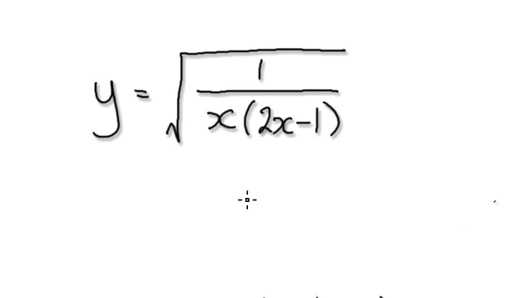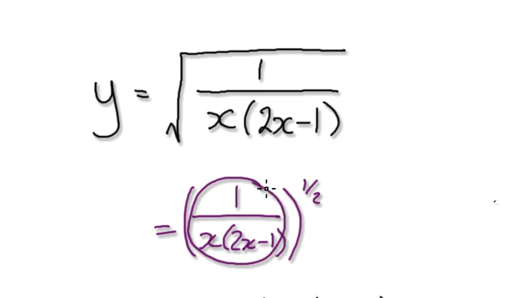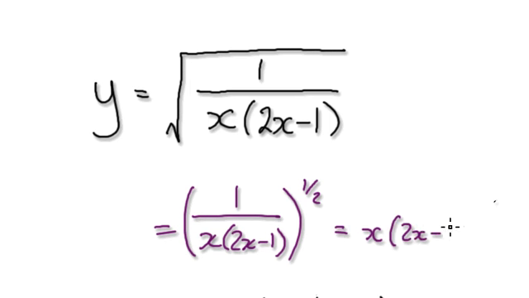So you could visualize it as 1 over x(2x minus 1), all to the power of a half. And then within here you could visualize it as x(2x minus 1), all to the power of minus 1, and then you've got that square root, so to the power of a half here.